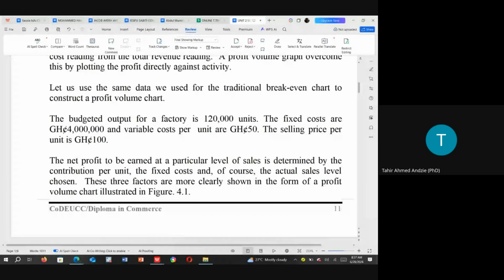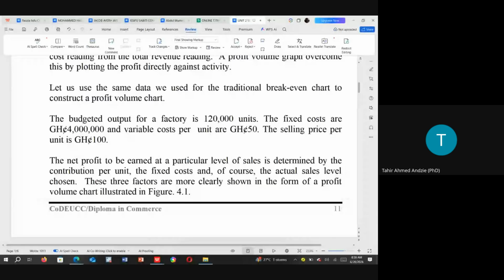Now, the net profit to be earned at a particular level of activity is determined by the contribution per unit, the fixed costs, and of course, the actual sales level chosen.